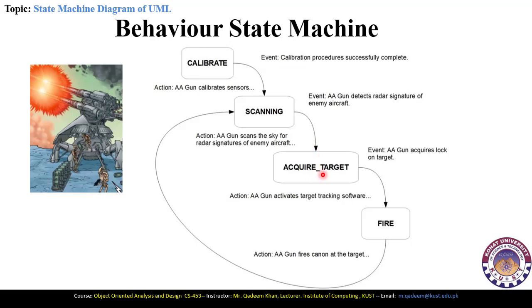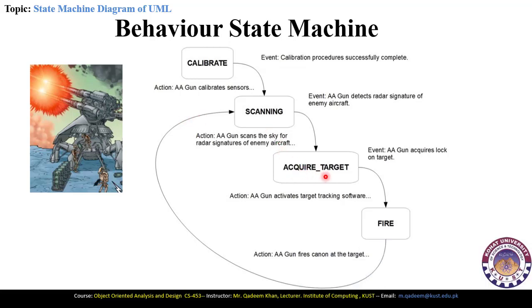Here the automated gun will be used to activate the target tracking software. So certain software will detect the target from the scanned image, and that image will be provided as an input from the radar system, and then the target will be identified, which means that here the target will be acquired.